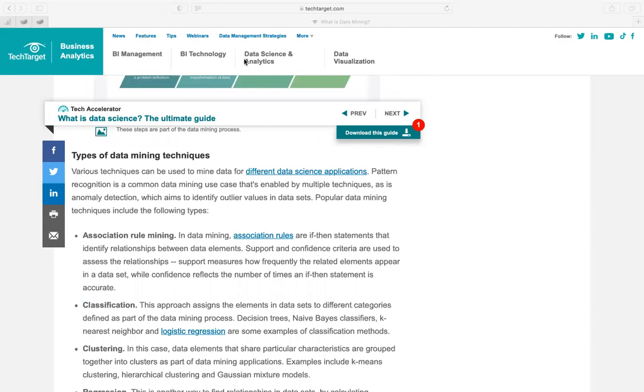In data mining, association rules are if-then statements that identify relationships between data elements. Support and confidence criteria are used to assess the relationships. Support measures how frequently the related elements appear in a data set, whilst confidence reflects the number of times an if-then statement is accurate.